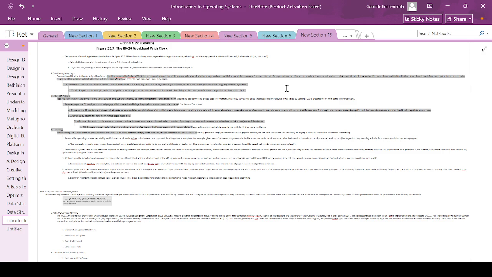To support this behavior, the hardware should include a modified bit, also known as the dirty bit. This bit is set any time a page is written, and thus can be incorporated into the page replacement algorithm. So any time a page is written, it will be modified.